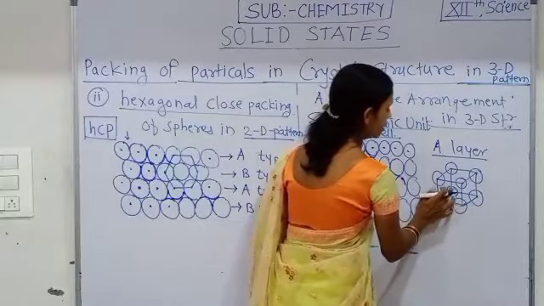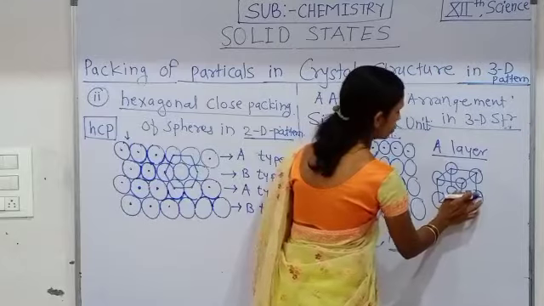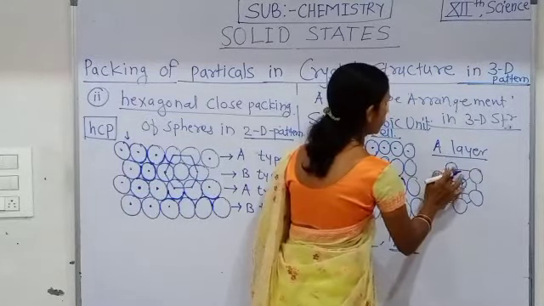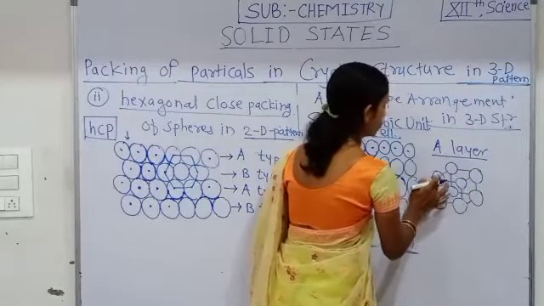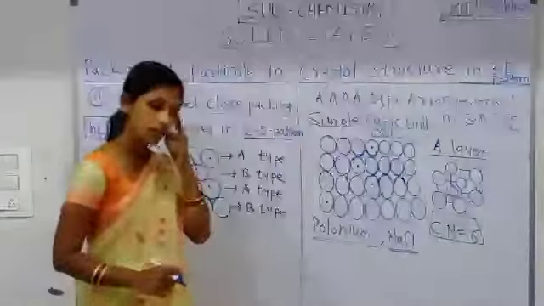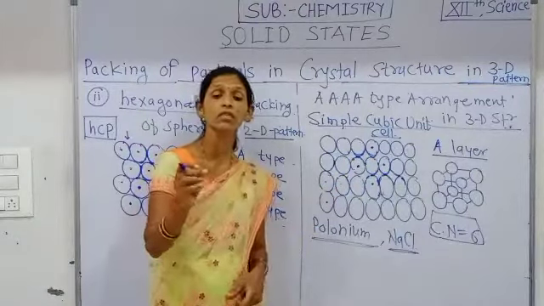And here the coordination number of this type of arrangement is 6. That means one sphere comes in contact with 6 spheres.